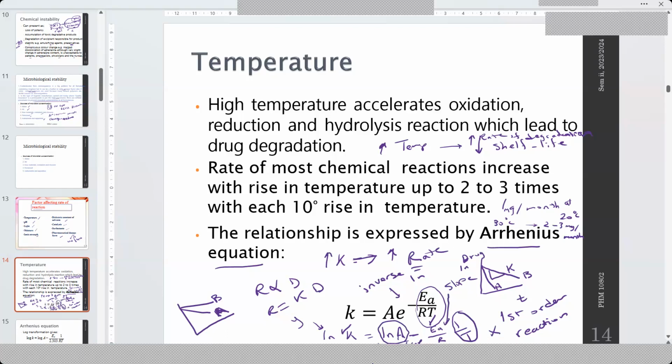Originally, the plot is ln K versus 1 divided by T, the inverse of the temperature. What temperature here? The temperature of storage. Okay? And then the equation that gives the relationship between K and T is as you see here.